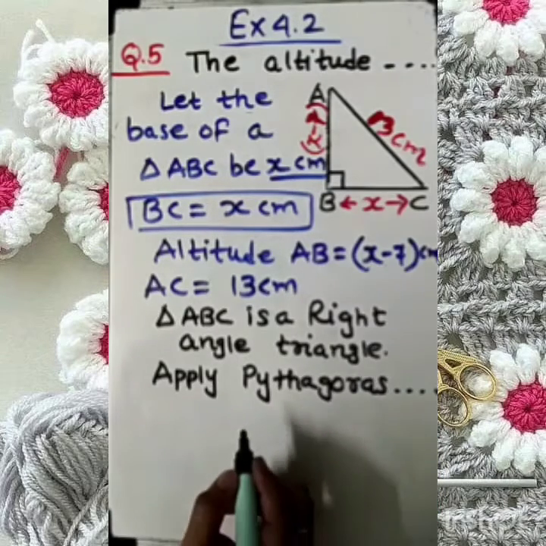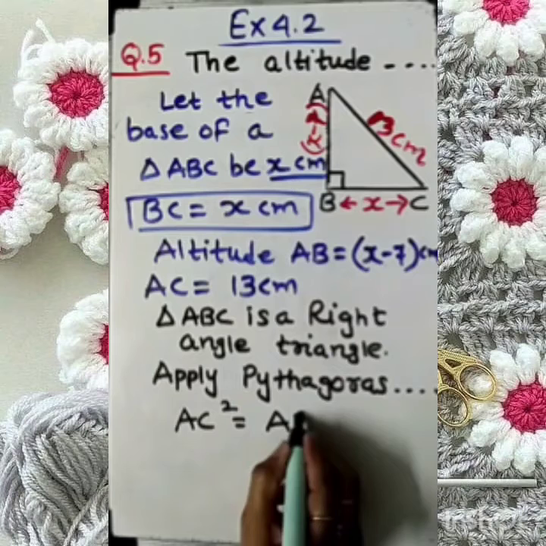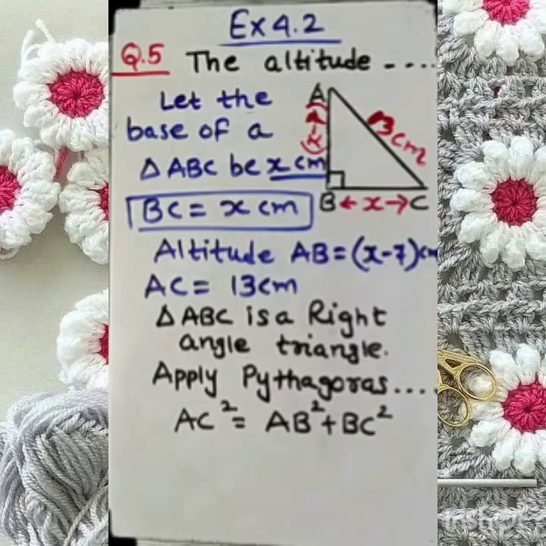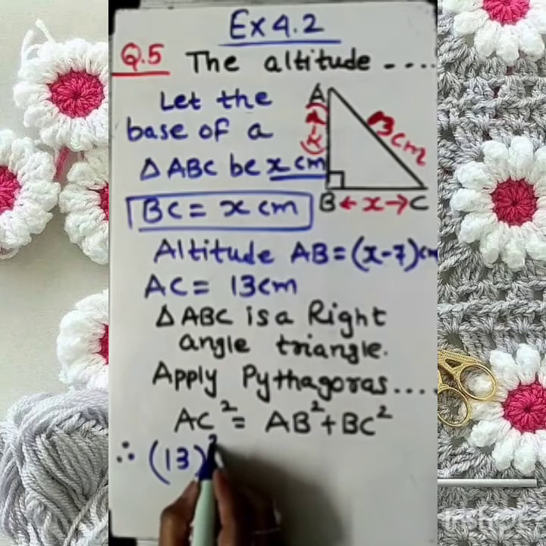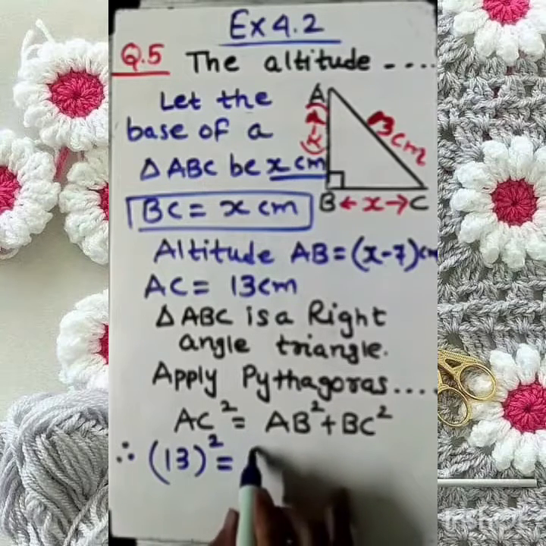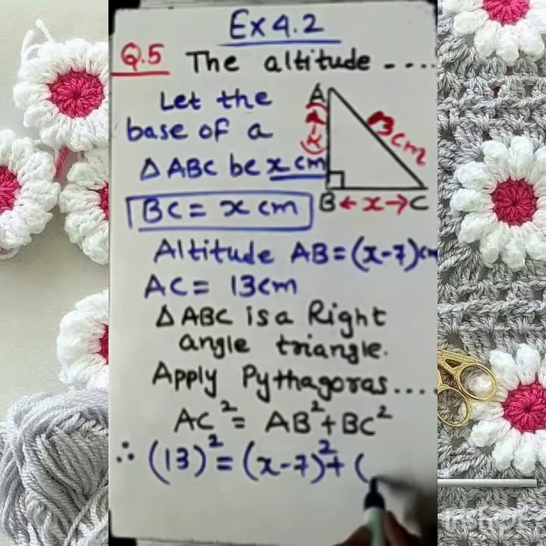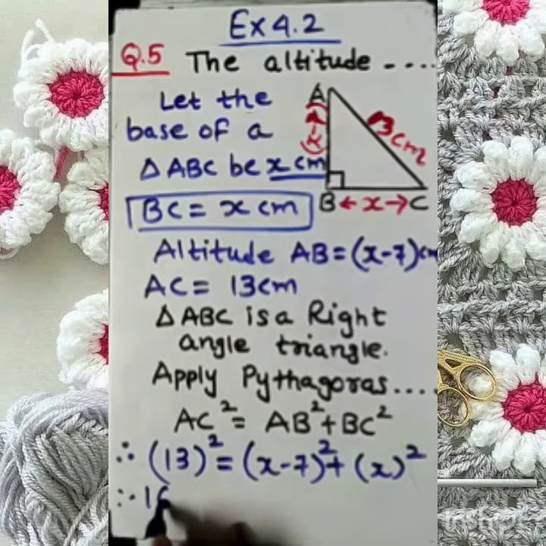According to Pythagoras theorem, AC square equals AB square plus BC square. The application of Pythagoras theorem is useful in solving this type of question. Now what is AC? AC is 13, so let me insert the value here. AB is x minus 7, whole square, and BC is x. Now what is the square of 13? 13 into 13, 169.